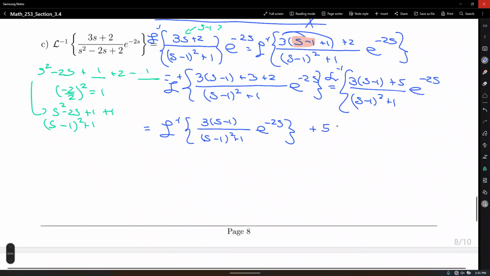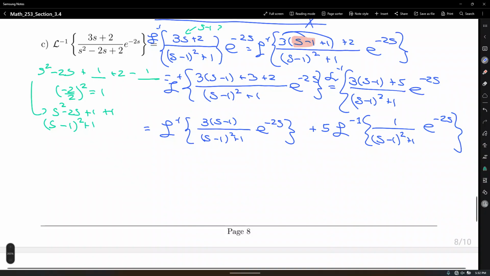Plus 5 times the inverse transform of 1 over s minus 1 squared plus 1, times e to the negative 2s. Okay? To this point, I'm putting this into two terms. What's going to happen later?